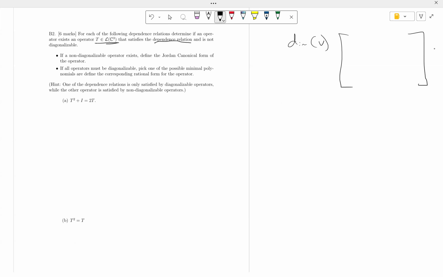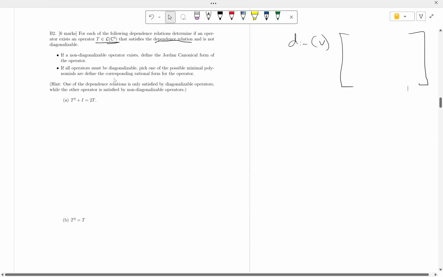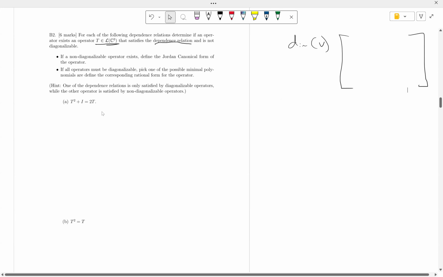So if a non-diagonalizable operator exists that satisfies the dependence relation, define the Jordan canonical form of that operator. If all operators must be diagonalizable, pick one of the possible minimal polynomials, define the corresponding rational form for the operator. Okay. So here, I'm going, okay, one could be non-diagonalizable, one could be diagonalizable.